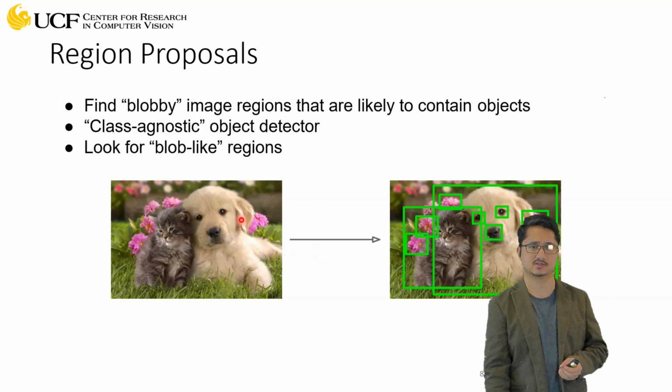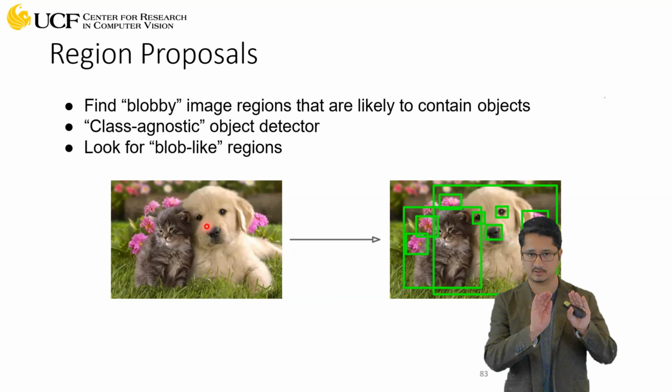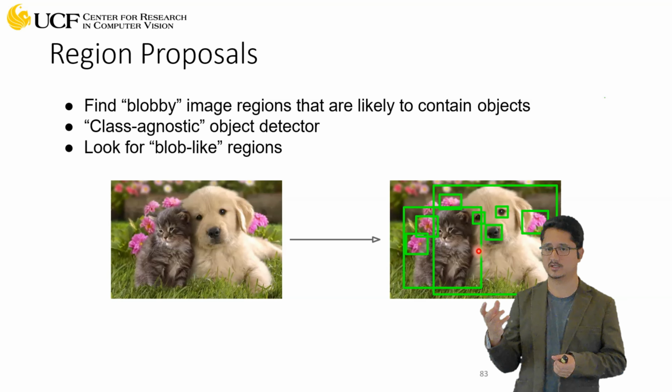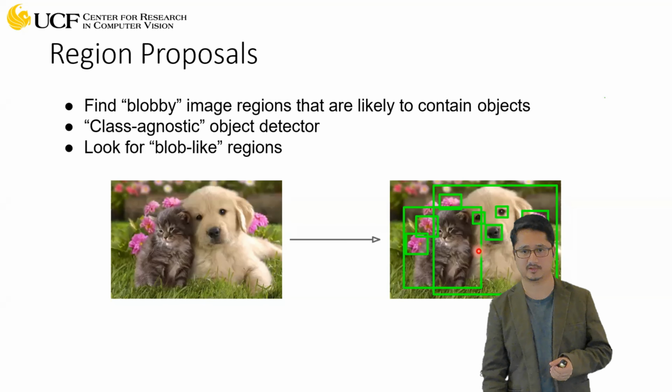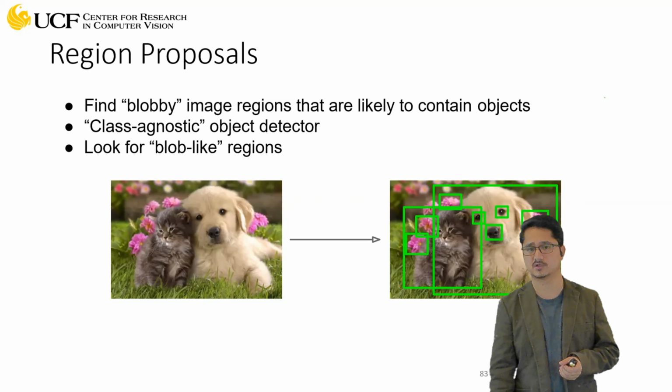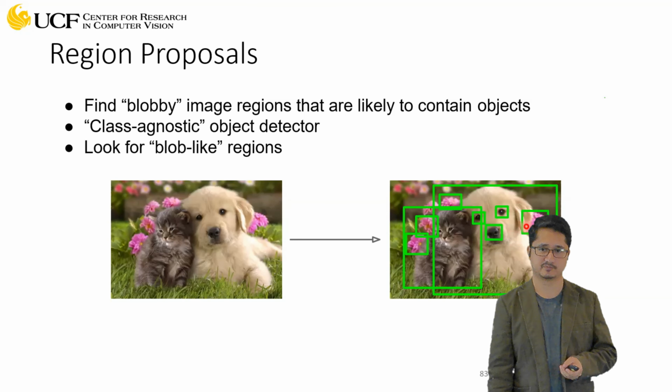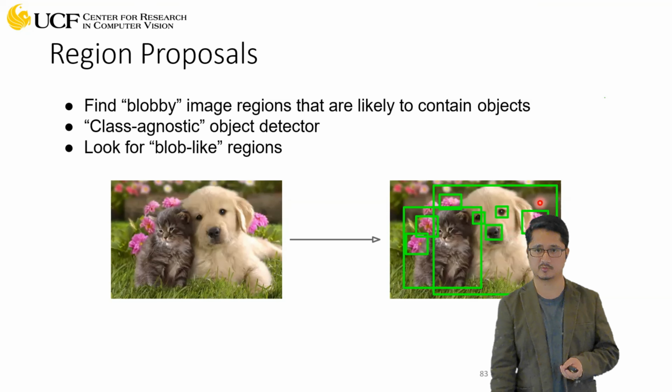For example, if this is your input image, we will run that algorithm, and that algorithm will tell you, okay, these are the places which are most likely where objects are present. Okay, and it will also give you some kind of scale as well. So now if you think about this, in this scenario, you have a lot of different scales, right? The smaller bounding box, you have the bigger bounding box.